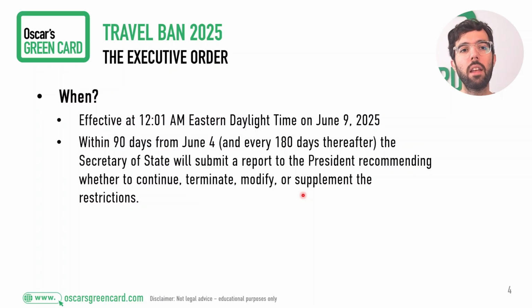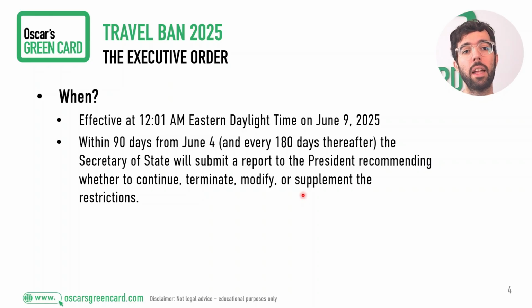And so when is it going to be effective? It's going to be effective at midnight on June 9th, which is Monday, June 9th, 2025. And within 90 days from June 4th and every 180 days thereafter, the Secretary of State will submit a report to the President recommending whether he should continue, terminate, modify or supplement the restrictions.